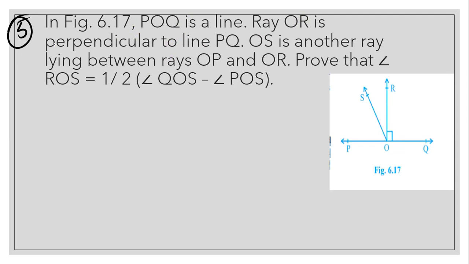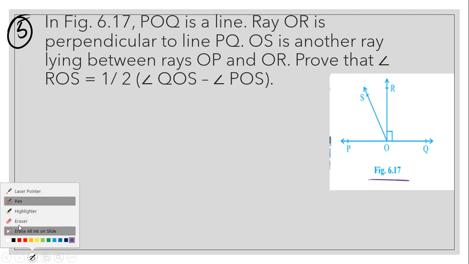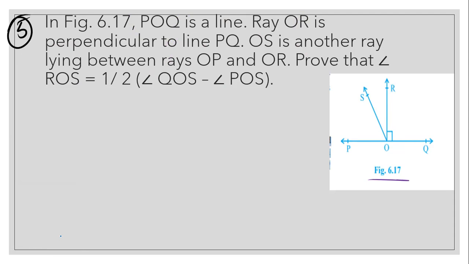Okay, so now in figure 6.17, that is this figure, POQ is a line and ray OR is perpendicular to line PQ. OS is another ray lying between rays OP and OR. So prove that angle ROS is equal to half of angle QOS minus angle POS.